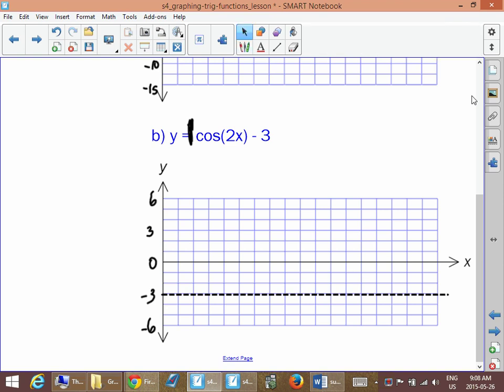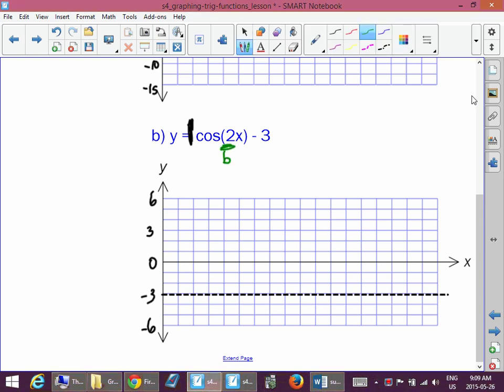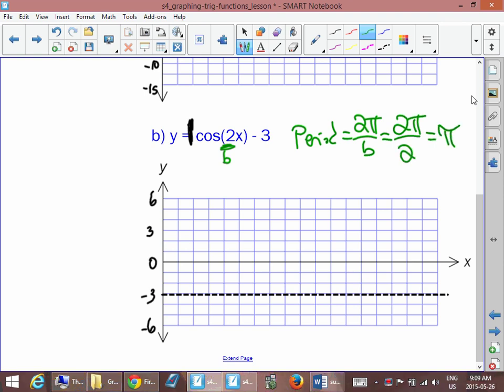Okay? Our B value here is 2. Now remember the period is equal to 2 pi over B, which is 2 pi over 2, which is pi. Okay? So the period is pi.